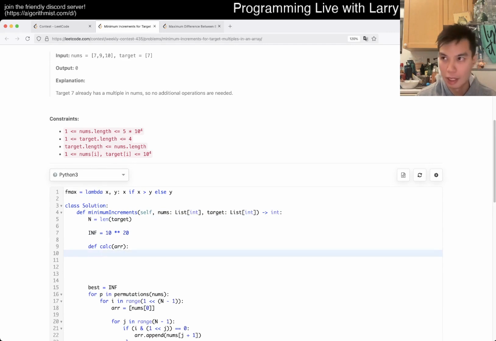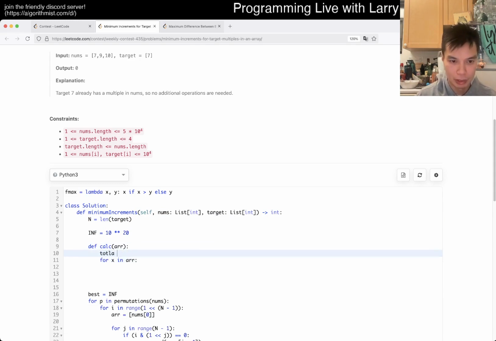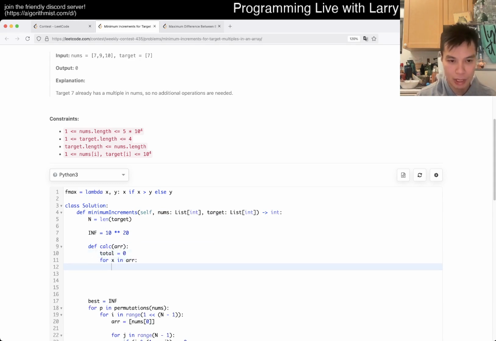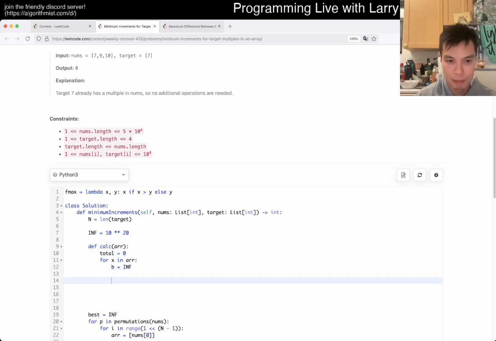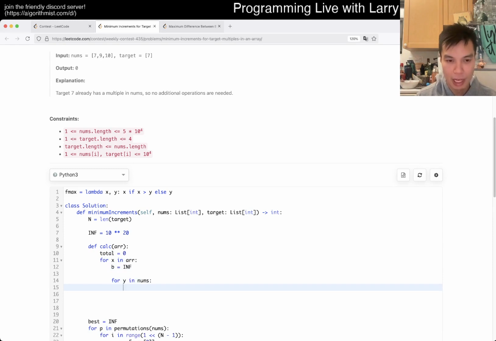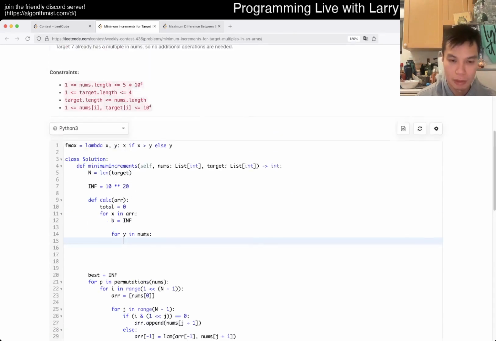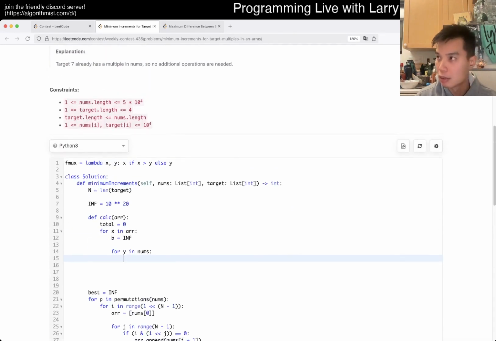We just want to say for x in array, total is equal to 0. For each x in array, best is equal to also infinity. For y in nums, we have the next multiple, right?